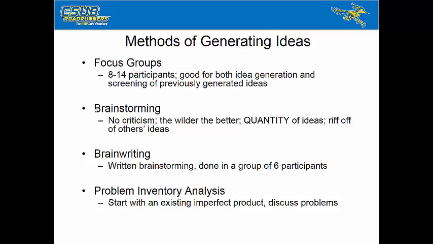Problem inventory analysis. You start with an existing imperfect product and discuss problems. So that's another way to generate new ideas, is to take an existing product and just find all the ways that it's not perfect, all the ways that it could be better.